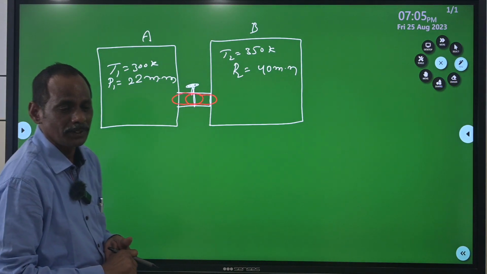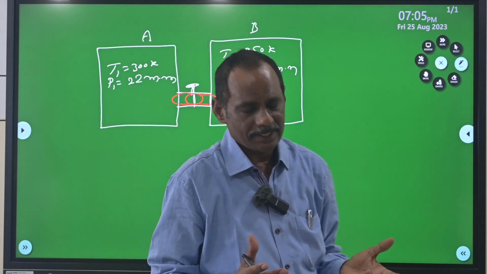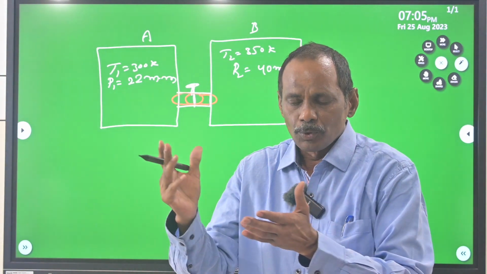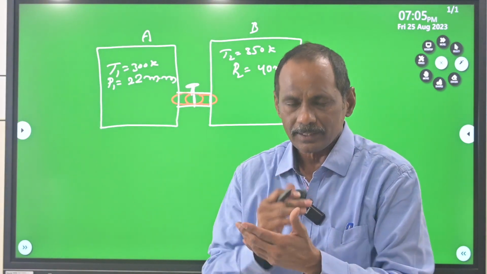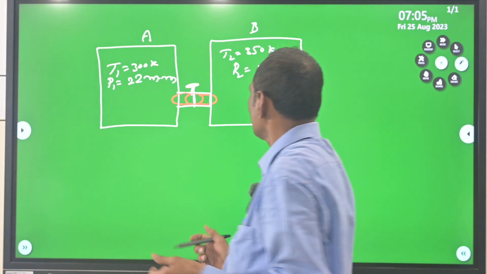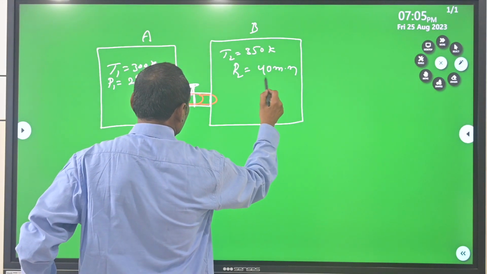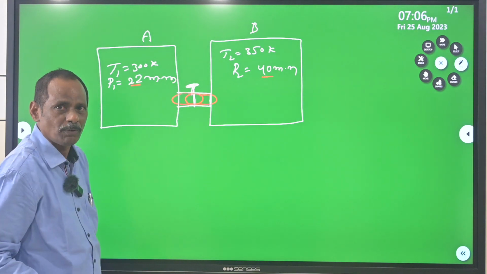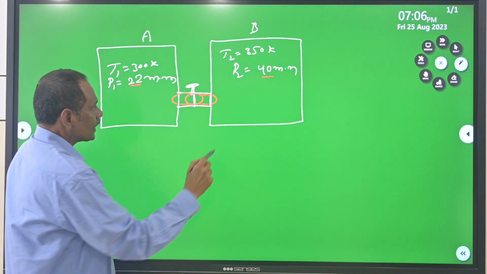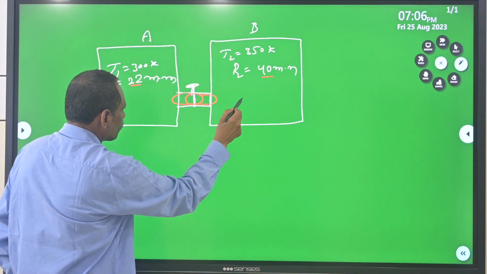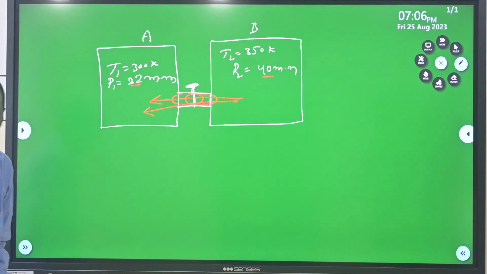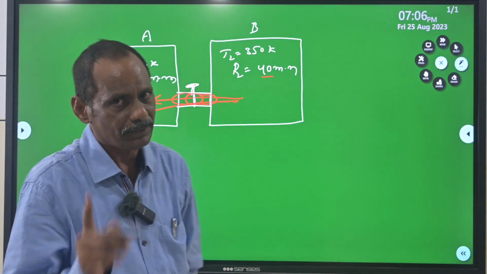Friends, you know that any gaseous compound moves from high pressure to low pressure. Here the pressure is 40 millimeters, here the pressure is 22 millimeters. If the valve is open, what will happen? The gases flow from high pressure area to low pressure area. Is it not? That's the first one.